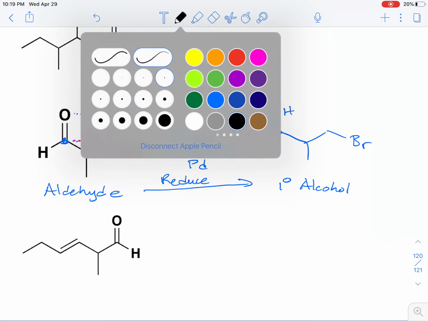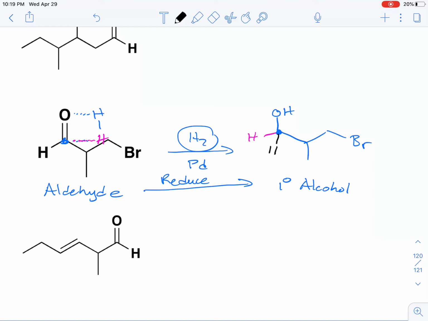And then the other hydrogen that's in black is still going to be on that same carbon. Now, if you count the number of bonds around this primary carbon, I have 1, 2, 3, 4 bonds. And so that carbon still has its octet. And I do get a primary alcohol. Notice that the alcohol is at the very end, and there's only one connection to that central carbon.